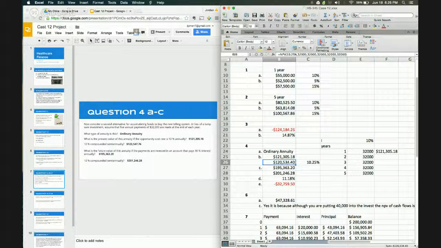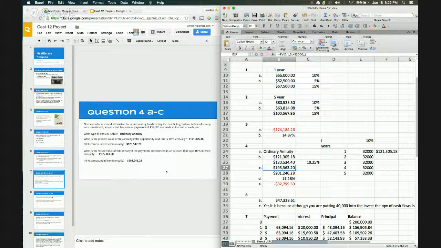So that will be the interest rate that you use within the net present value for the second part of B. Everything else will be the same as far as the payments. You still have those 5 payments over 5 years. But as you can see, the net present value is going to be $120,534.40.